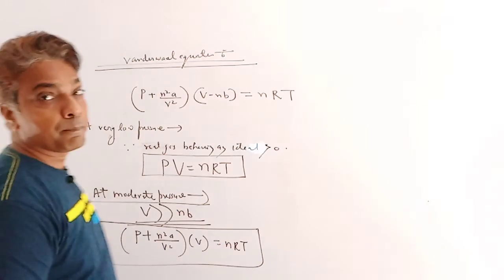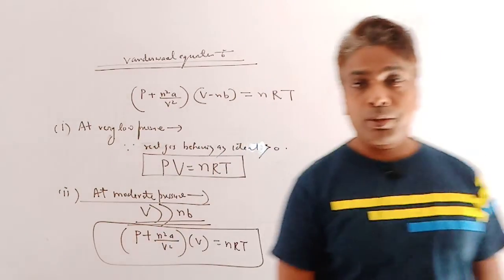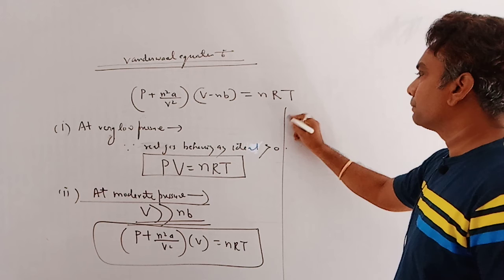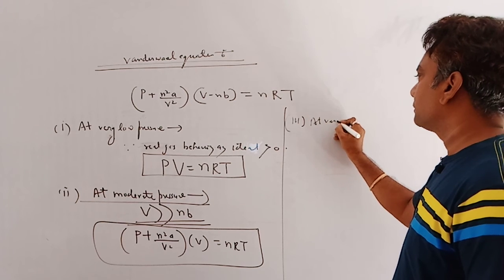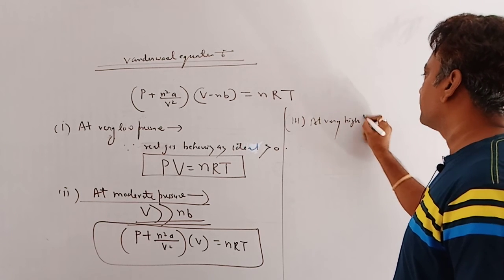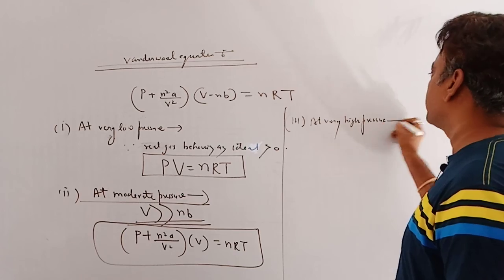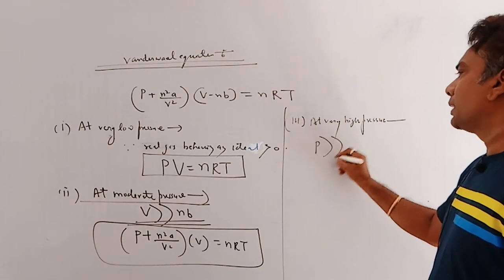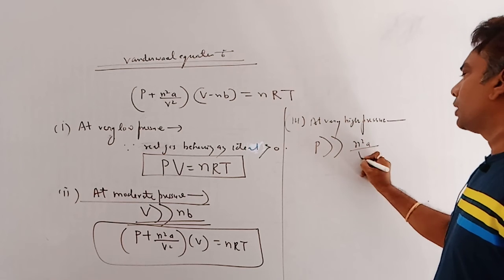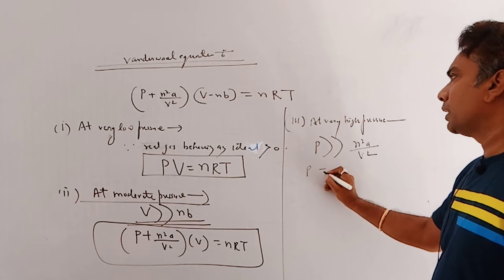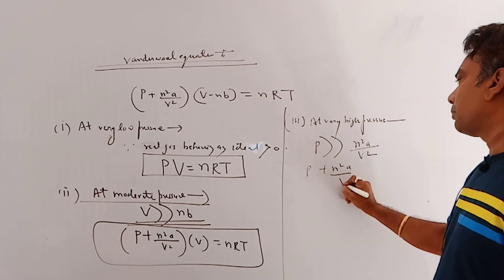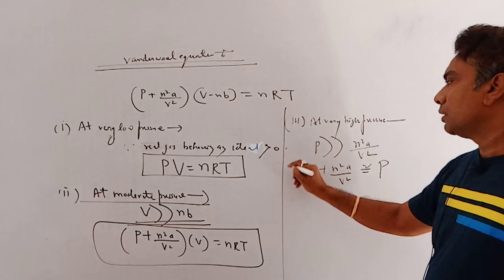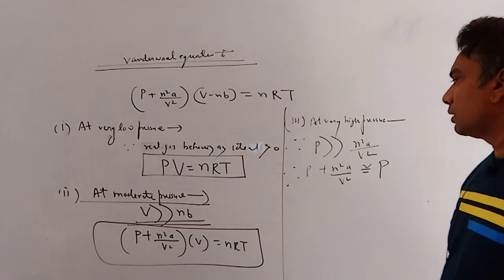Clear? And at very high pressure, P is much greater as compared to n²a/V², so P + n²a/V² is nearly equal to P. Clear?